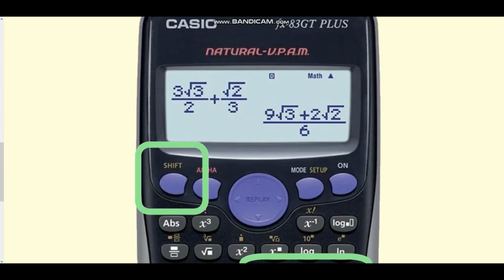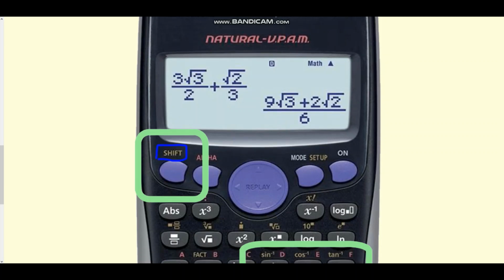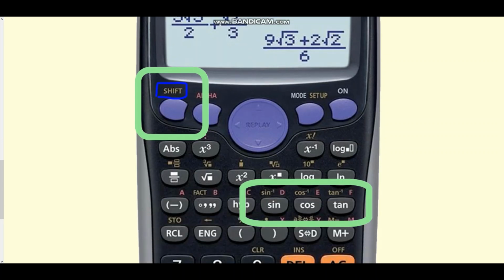Here is how you can get that on your calculator. I know not everybody has a Casio calculator like this, but it should give you a general idea of where to find these things. Press the shift button to get the values in yellow on your calculator, and then press sine for inverse sine, cos for inverse cos, or tan for inverse tan.